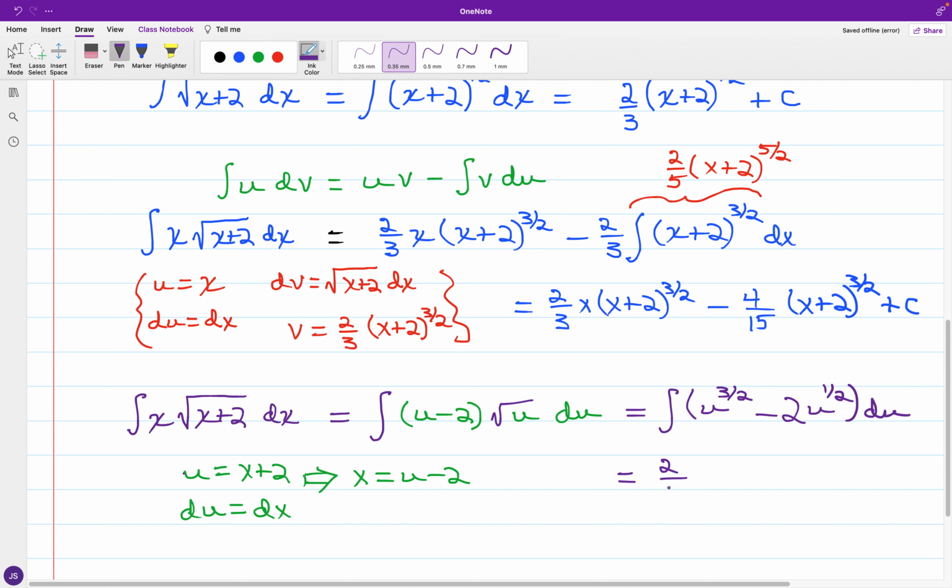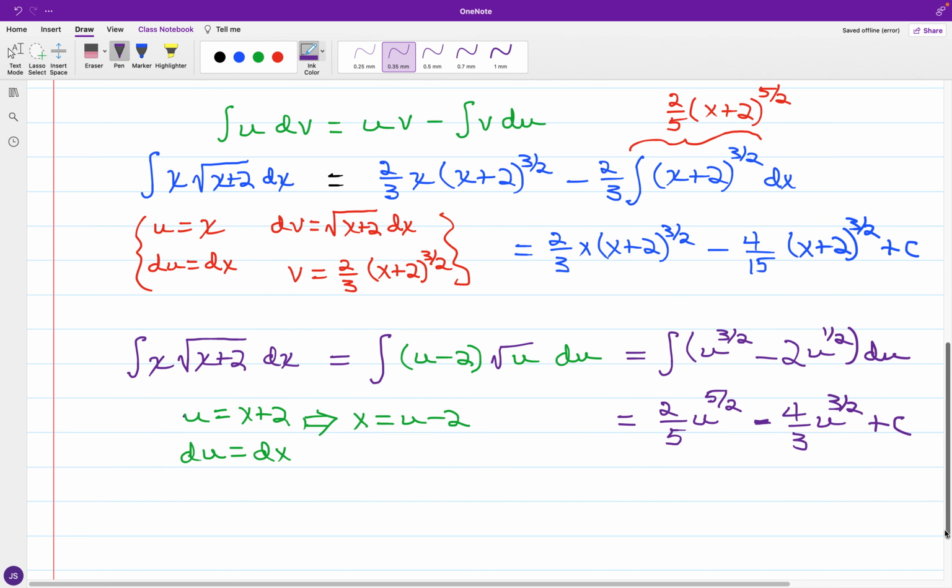For the antiderivatives, still working with u substitution, I have 2/5 of u to the 5/2. The antiderivative of u to the 1/2 is 2/3 of u to the 3/2, and multiplying by negative 2, this will be minus 4/3 of u to the 3/2, followed by the constant.